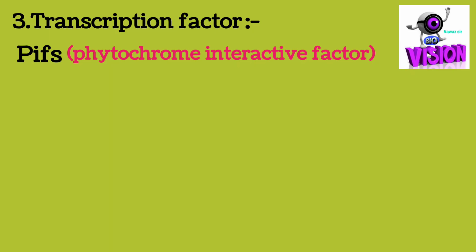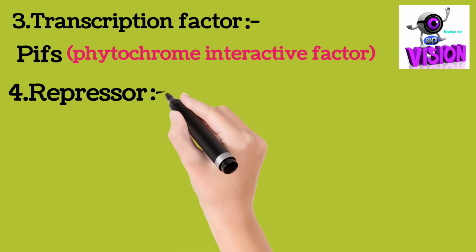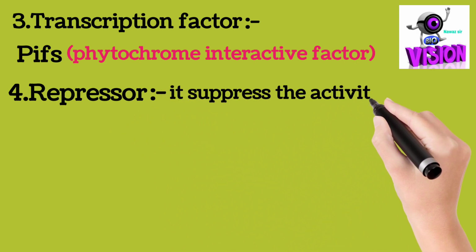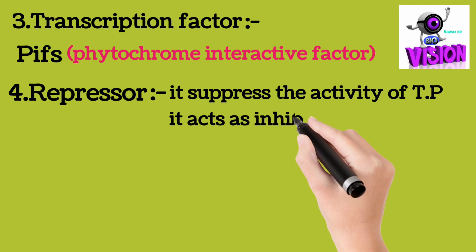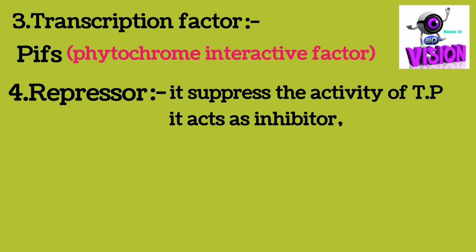Now coming to the next very important protein, this is called a repressor. As the word indicates, it suppresses the activity of the transcription factor and acts as an inhibitor protein. The repressor plays a significant role in the whole pathway. It fuses with the transcription factor and stops the transcription of gibberellin synthesizing genes.